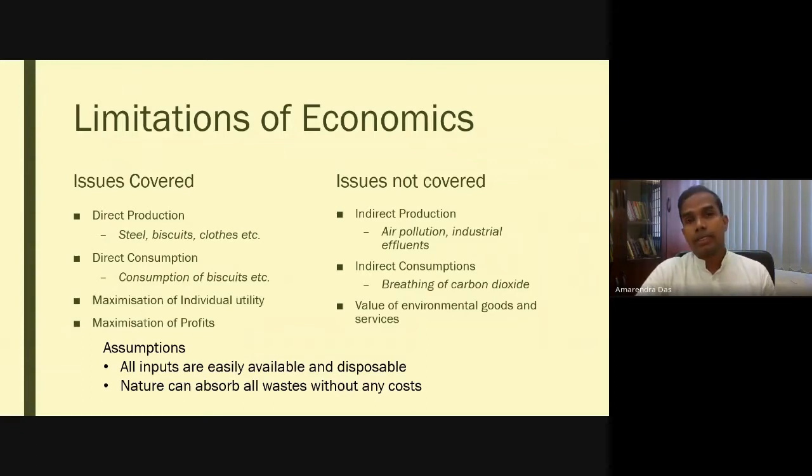That means nature was assumed to provide all the resources very easily, be it minerals, water, forest, fishery, any raw material, without much constraint. And we also assumed that once we consume these resources, they can be easily disposed of, and nature has unlimited capacity to absorb all the waste that we generate during the production or consumption process. So that was the limitation of economics.